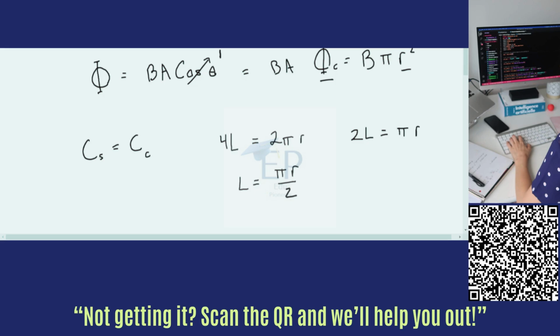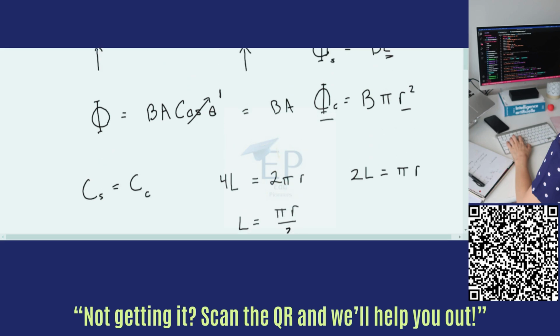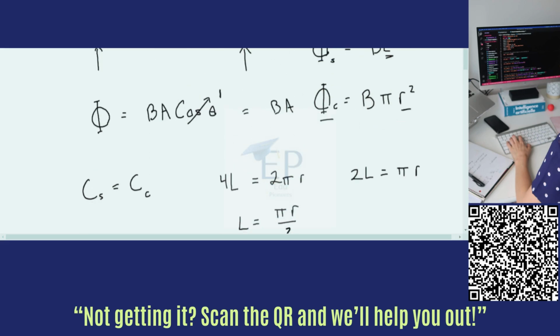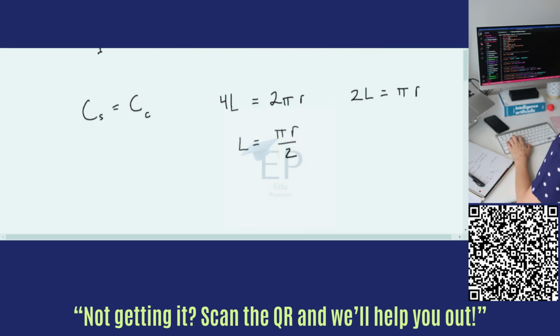Okay, so we have a way to relate L and R here, which should be helpful. So what I'm going to do now is show 2 different ways of figuring out what the flux through the circle is. The first one is I'm going to substitute out R in our expression for the flux through the circular loop in terms of L.